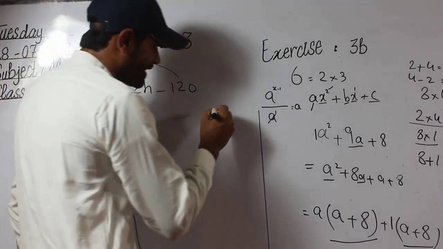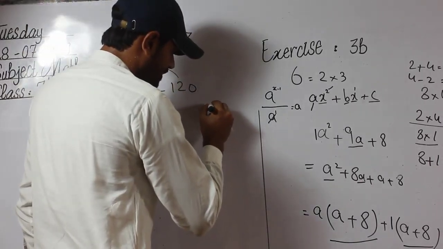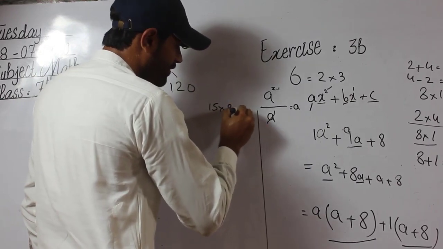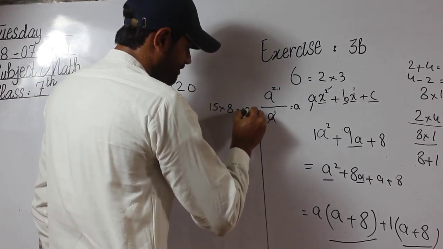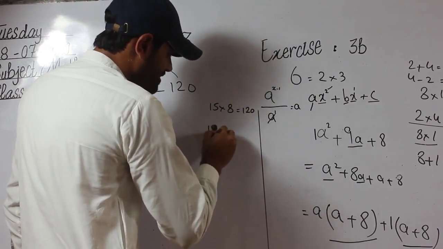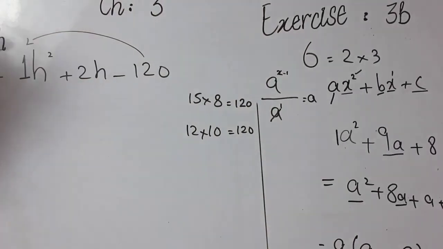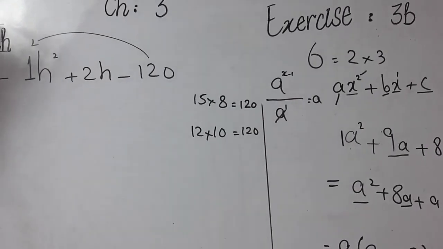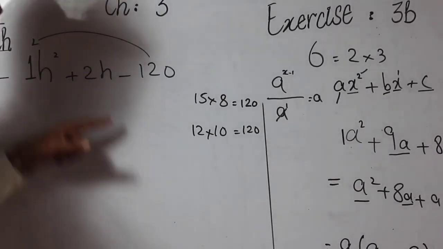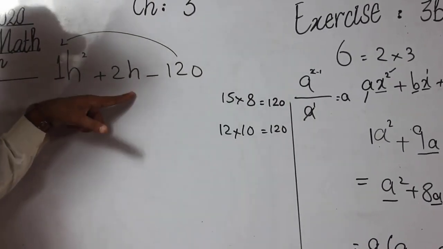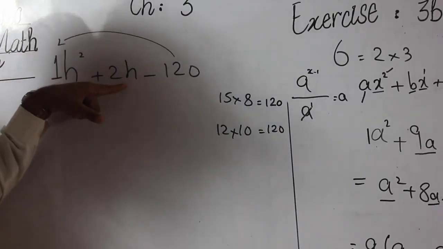In my mind, 15 eights are 120 and 12 tens are 120, and also many other numbers whose product is 120. But which is useful for me according to this expression? I need 2a.